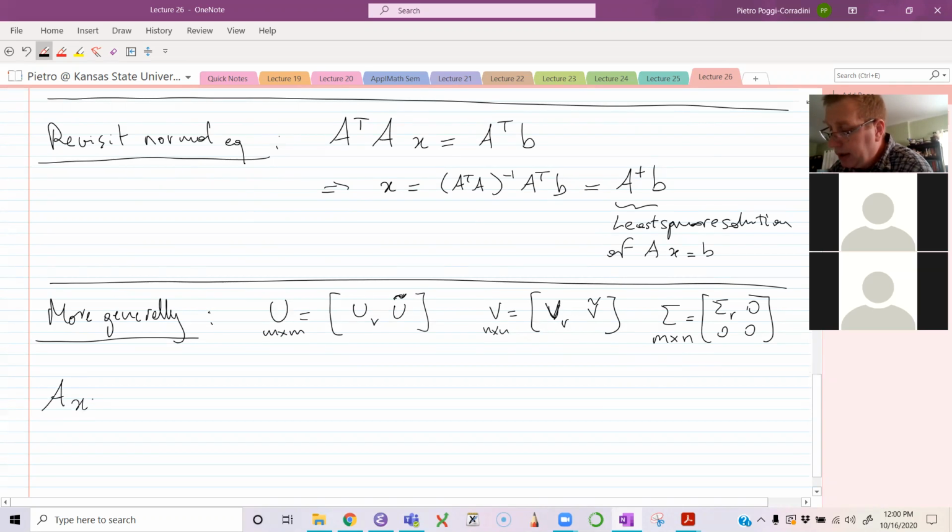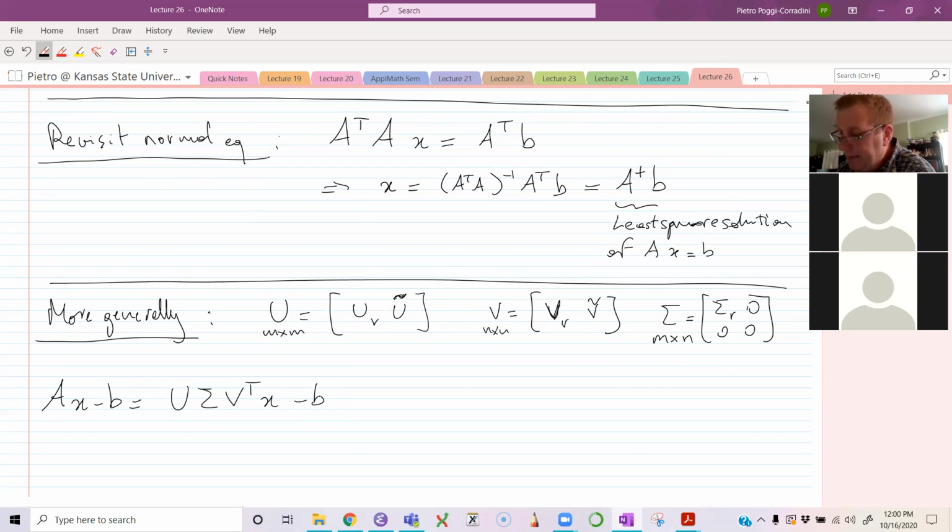So let's look at the equation Ax minus b. So that becomes U sigma V transpose x. And I can rewrite this. So let me write V transpose x, because I have this block decomposition, right?